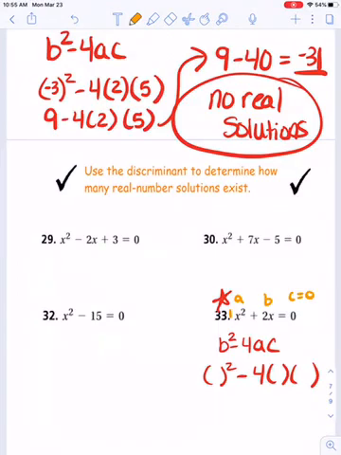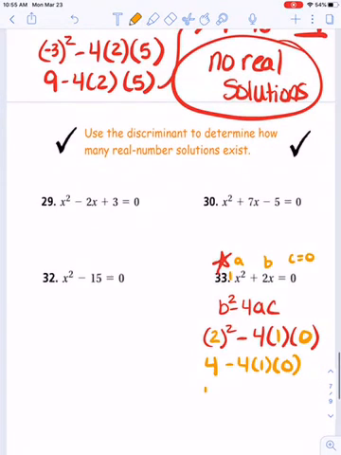So b squared: I plug in 2 for b, 1 for a, and 0 for c. Simplifying, I get 4 minus 4 times 1 times 0. 4 times 1 is 4, times 0 is 0, so I get 4 minus 0, so my discriminant is 4.